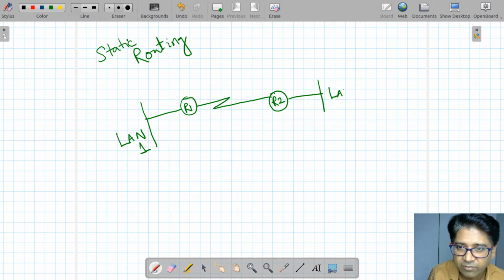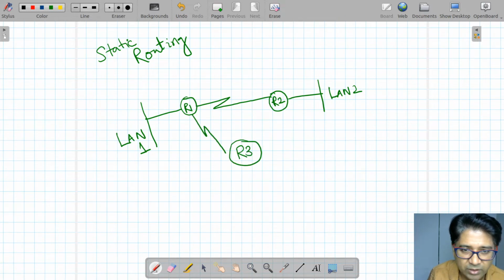We have LAN 2, and let's assume there is a third site connected with a leased line, or serial connectivity, and one Metro Ethernet, that's fiber connectivity or Fast Ethernet connectivity. We have LAN 3.